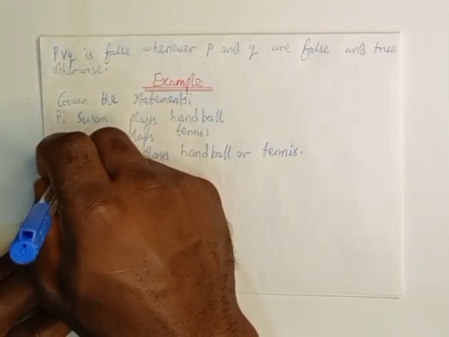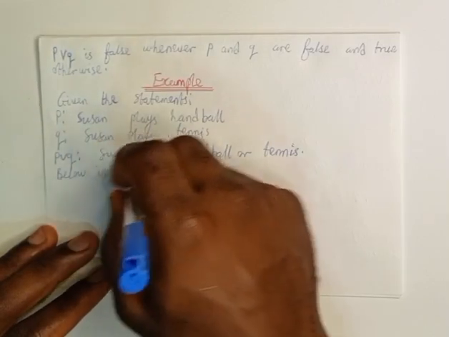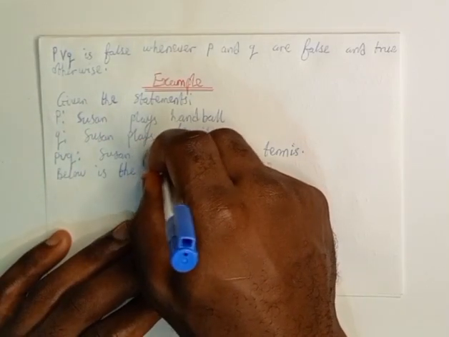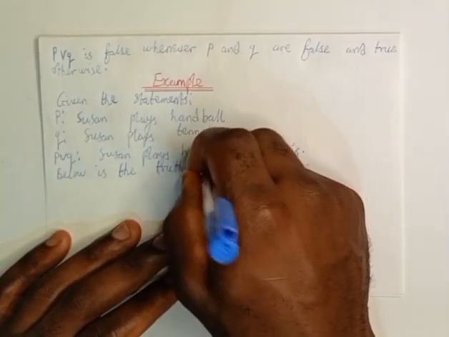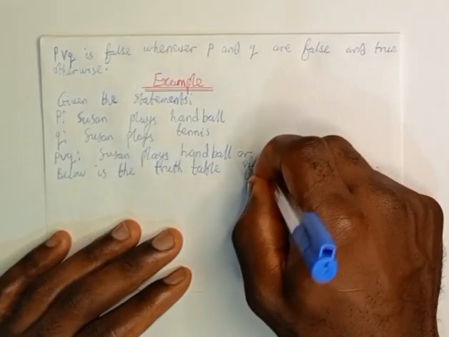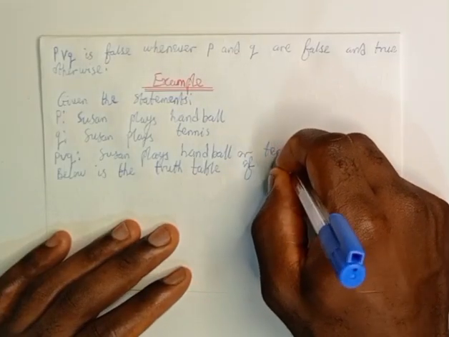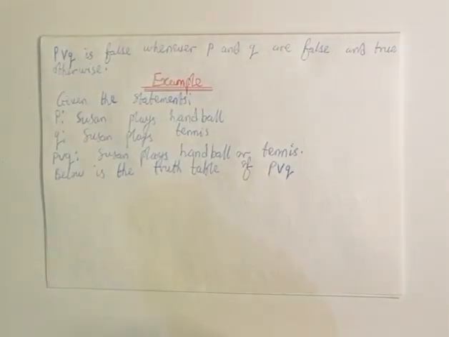Below is the truth table of the disjunction P or Q. Let's draw the truth table.